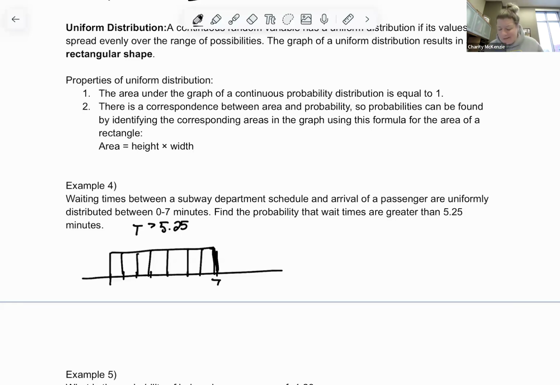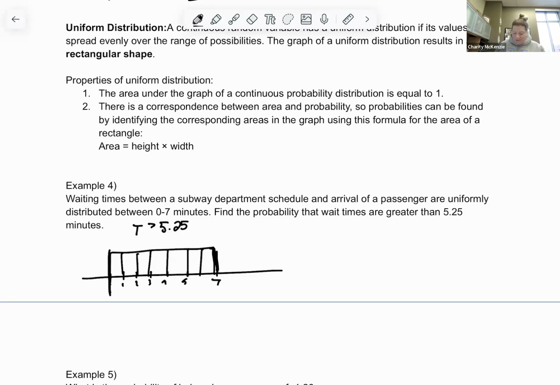I know my drawing isn't perfect, but it's just like when you were younger and you would draw fractions. If it's uniform across and you cut it into pieces, it's going to be 1/7 for every single section. And we want 1, 2, 3, 4, 5, so we want to be above about 5.25.